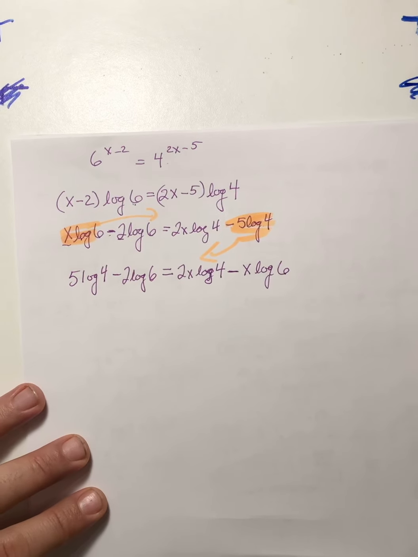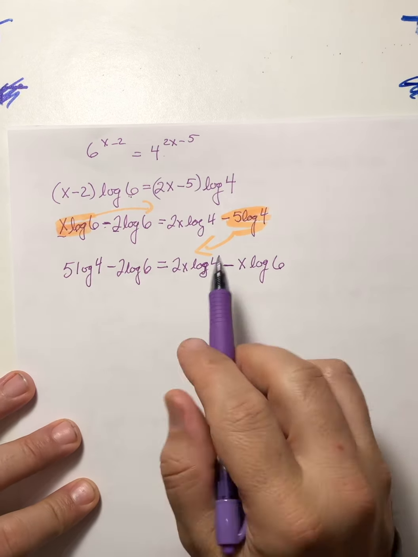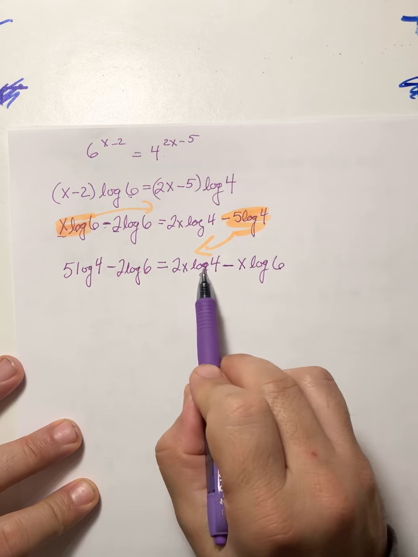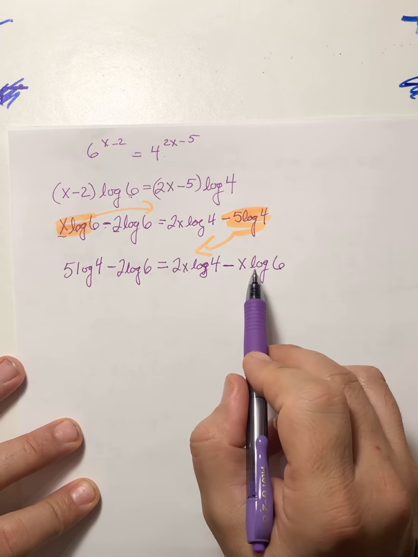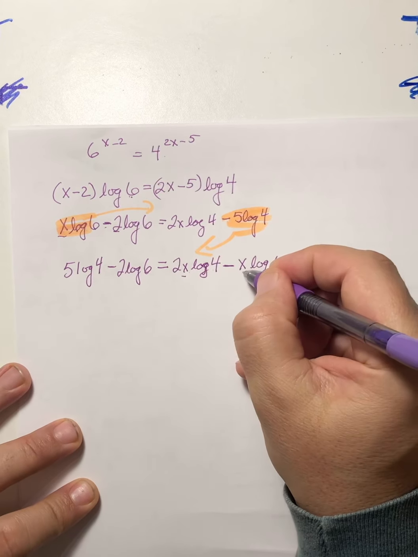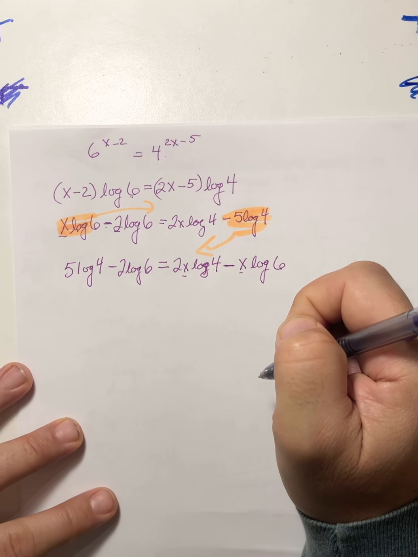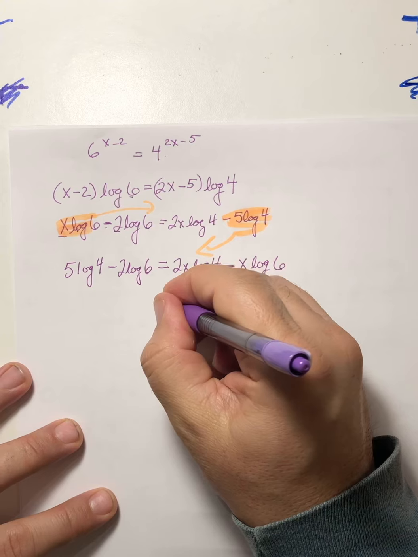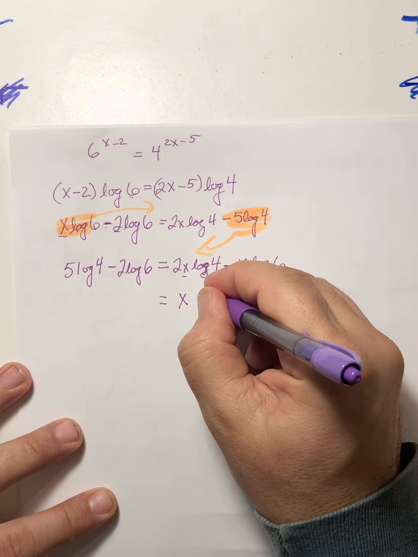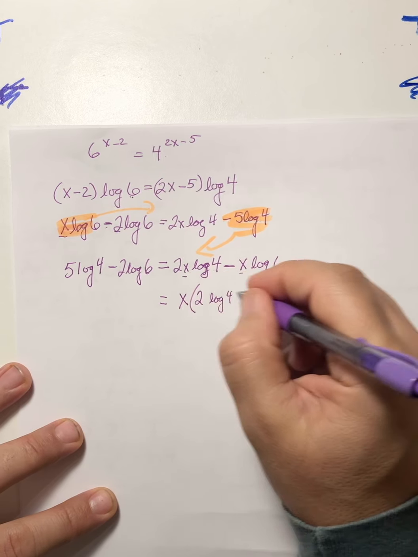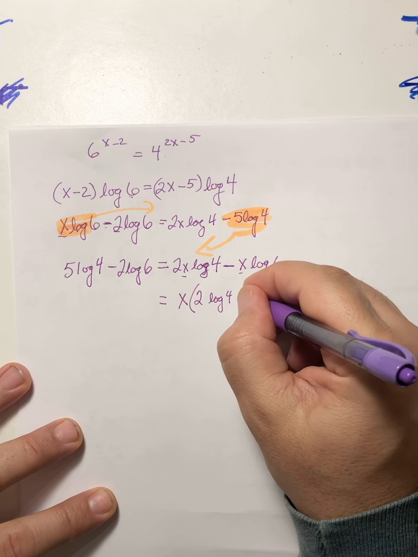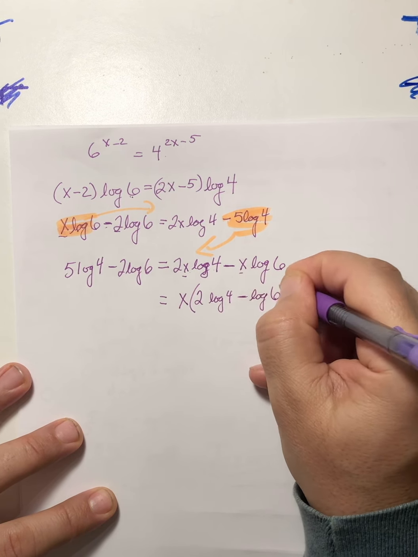All right. Now, I can't combine these because they're different logs. It's a log 4 and a log 6. We can't combine. But don't they both have an x in common? That's right, they do. So I can factor out an x. And now I have x, parentheses, 2 log of 4 minus log of 6, close parentheses.